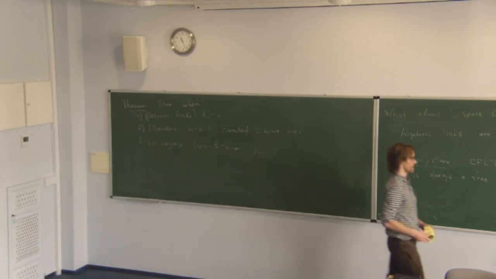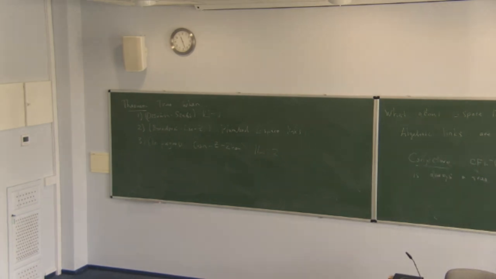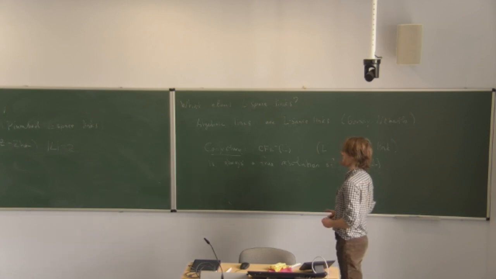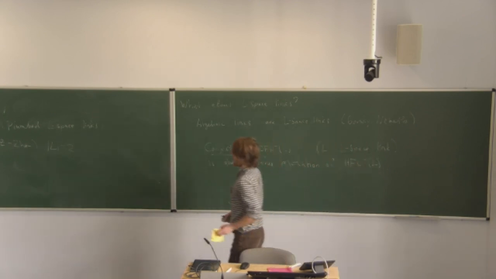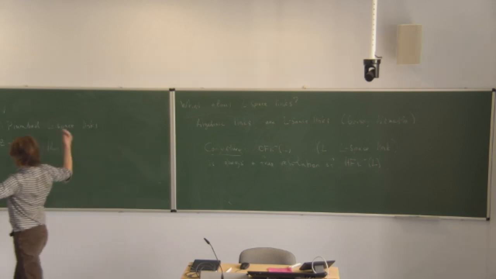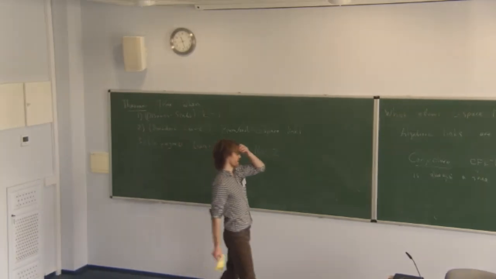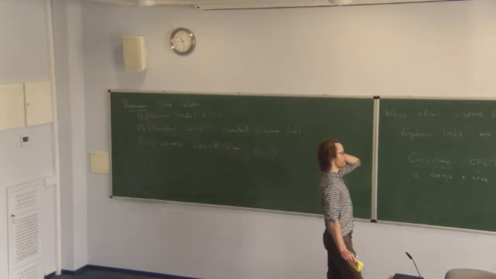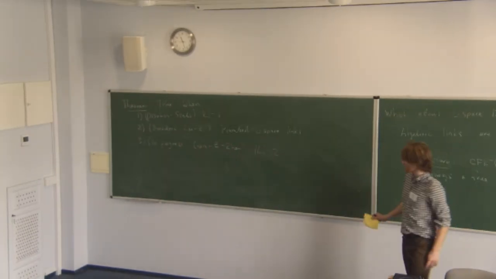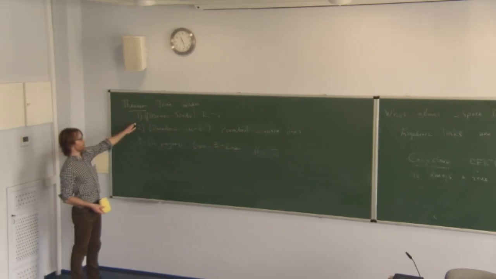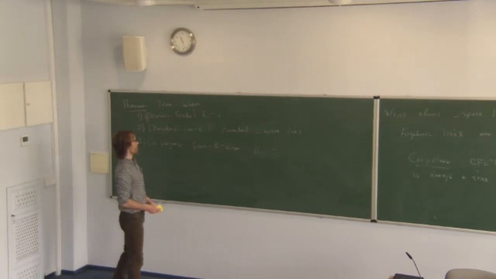And what are the techniques that go into these? Let me sketch the ideas. How did Ozsvath and Szabo prove it when L equals 1?